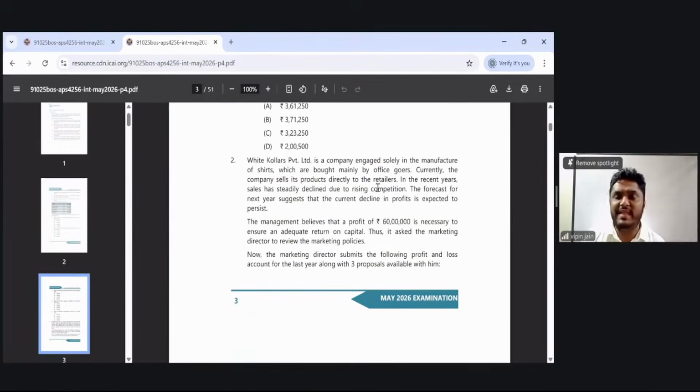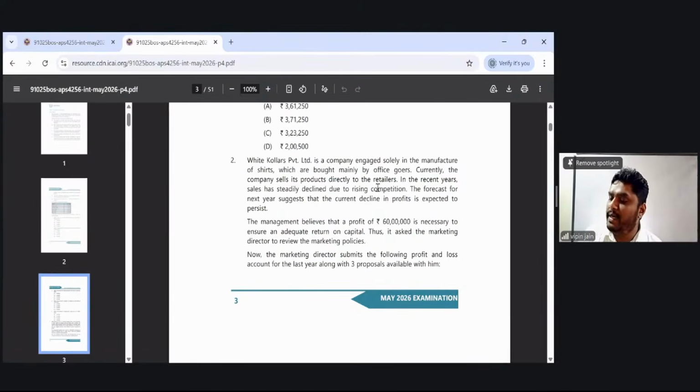So let's start with this question. Again, don't get confused with the case scenario. In fact, the case scenarios are much easier than the practical questions we have discussed. So see how to approach the case scenario also, I teach you guys.